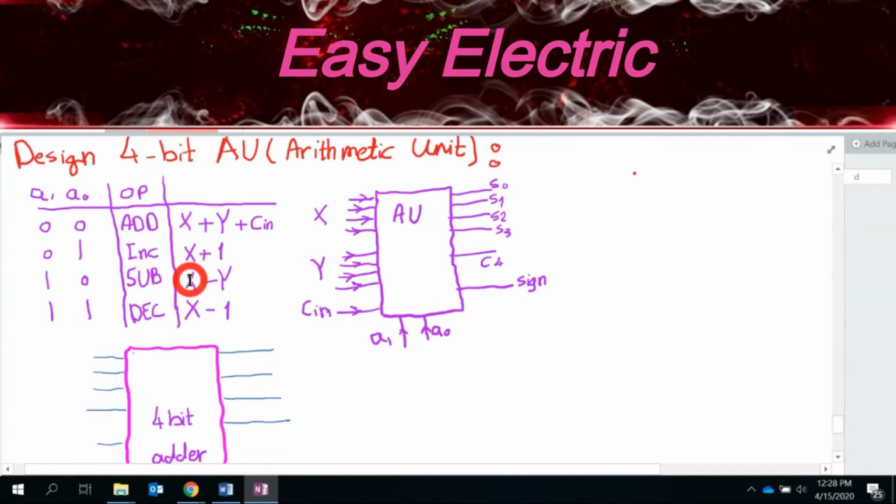Here is X, here is X, here is X, here is X. So do you agree I put X0 here, X1 here, X2 here, X3 here? Why? Because no matter what you have on the select lines, all the time the first number should be X. Here should be X plus this. Here again, this is X, should be added with this.